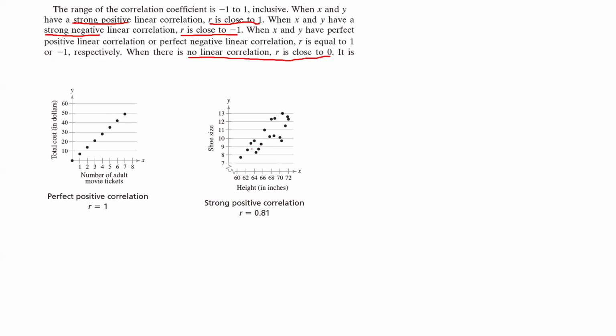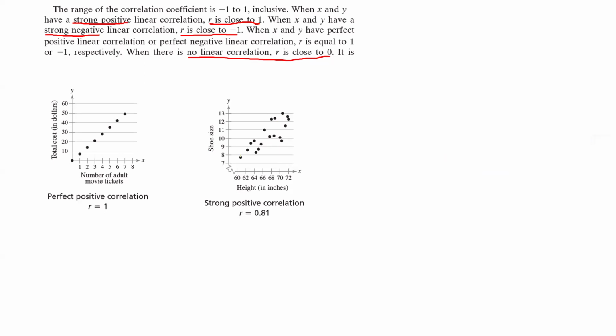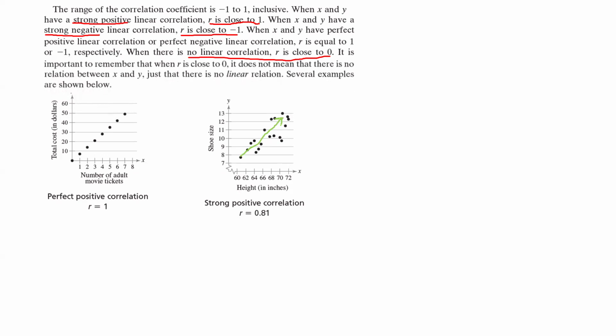There is no exact line, but we can identify it easily by looking at the behavior of the data from left to right. So from left to right, we can detect an increasing linear relation.